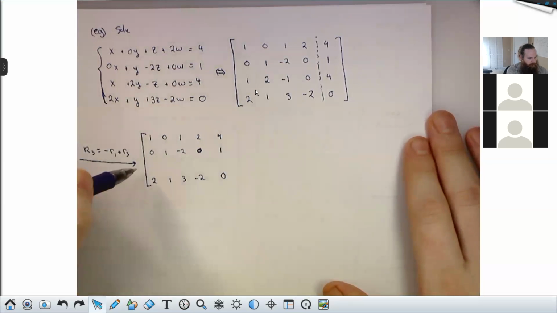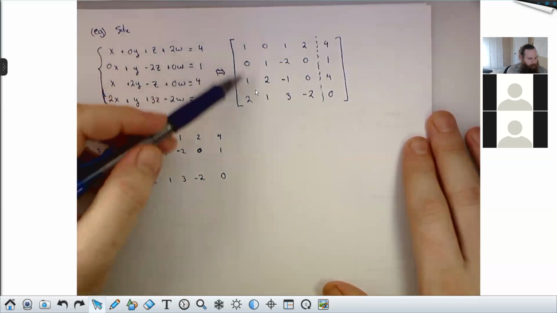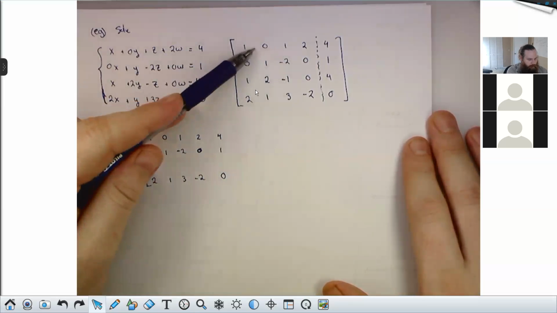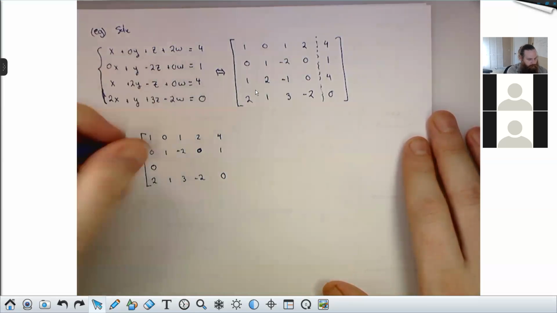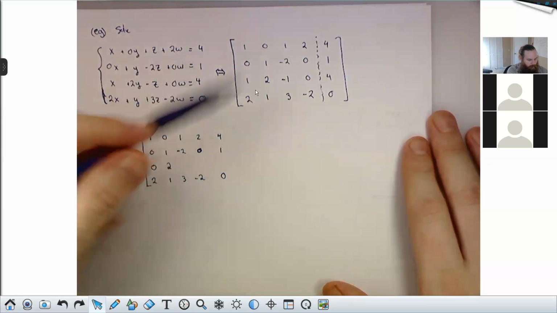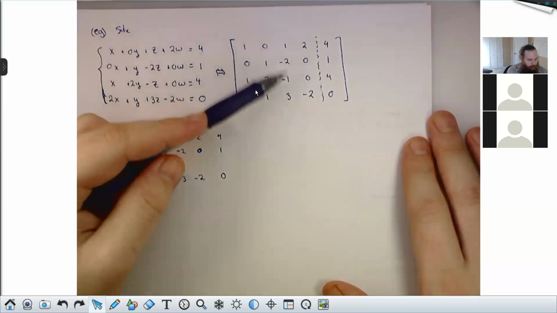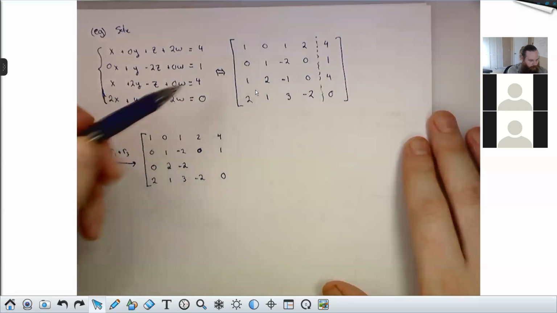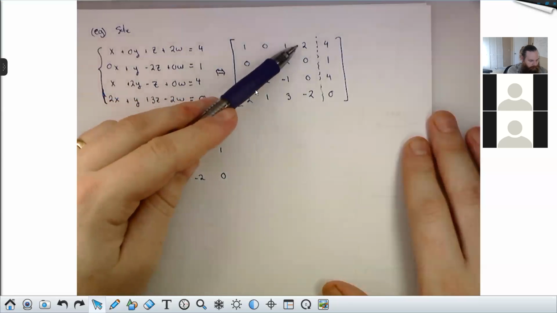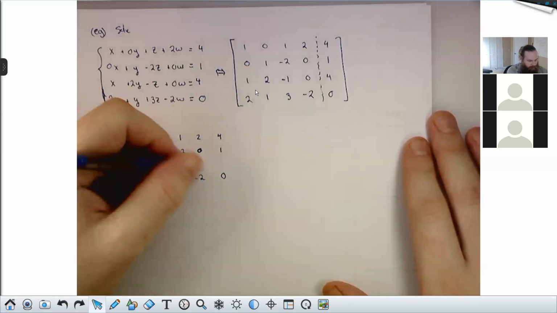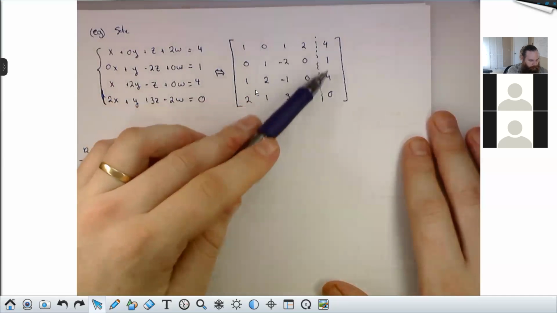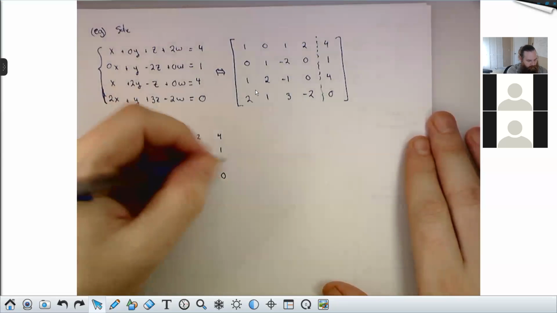Third row is the one that is changing. Negative 1 times this plus this is 0. Negative 1 times this plus this is still 2. Negative 1 times this plus this is negative 2. Negative 1 times this plus this is negative 2. And negative 1 times this plus this is 0.